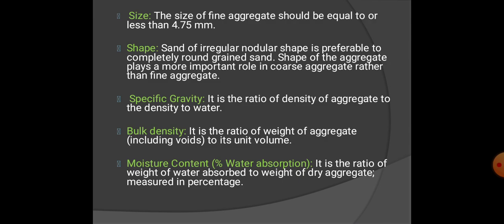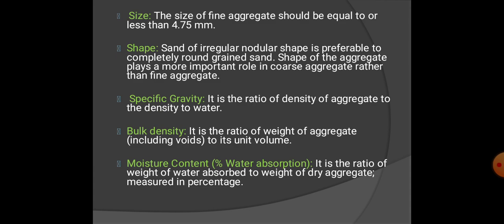The fine aggregate size should be equal to or less than 4.75 mm, or in between 4.75 mm to 150 micron. Using the large size will give more dense concrete, but a mixture of all sizes is more desirable and more economical. If the cement mortar is prepared for masonry work or plastering work, then very fine sand of uniform size is used, that means below 4.75 mm.